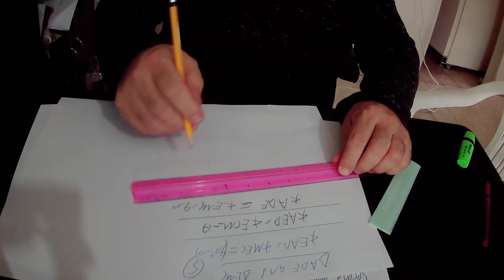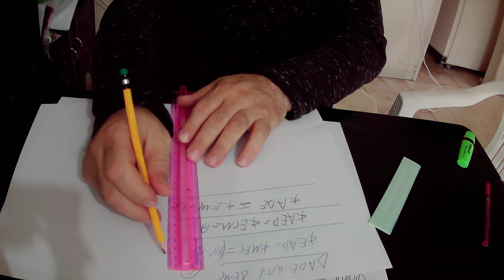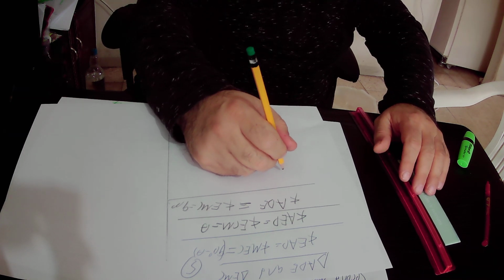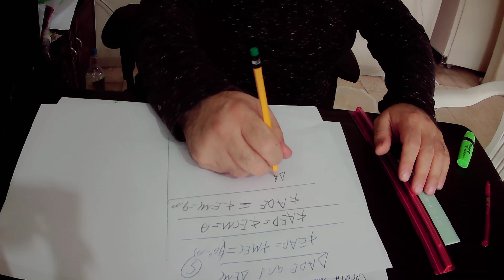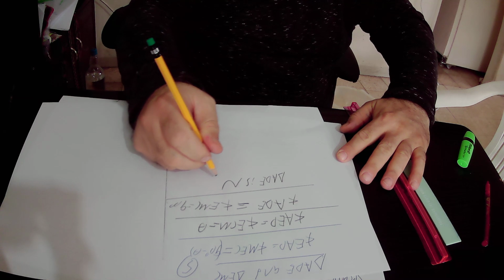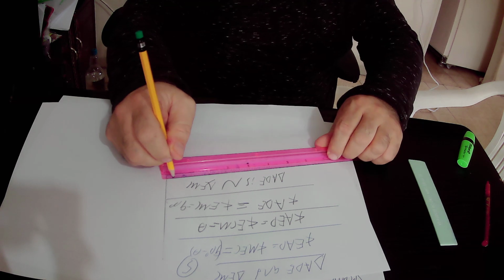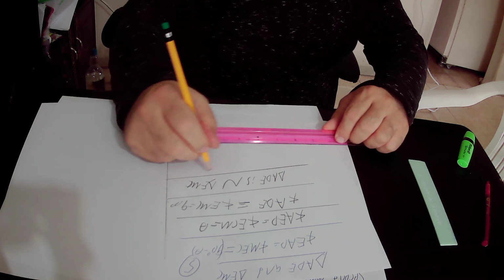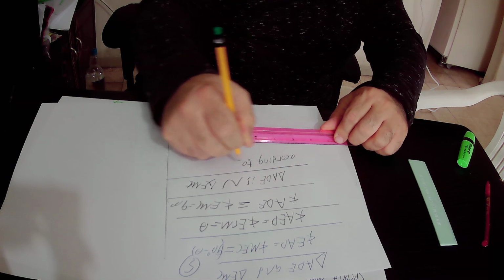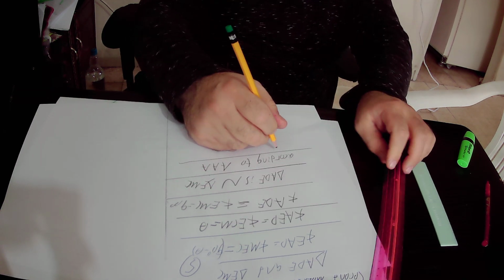I repeat again. Angle ADE equals angle EMC, and they are both equal to 90 degrees, therefore they are equal to each other. So actually we prove that the right green triangle ADE is similar, this is the sign of similar, to the right green triangle EMC, and they are similar to each other according to the angle similarity rule.